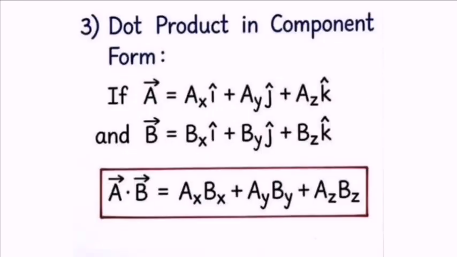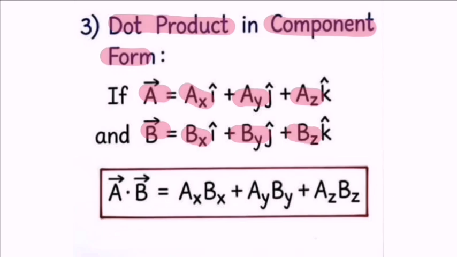Now, dot product in terms of components. Let's suppose we have two vectors, A whose components are AX, AY, and AZ, and another vector B whose components are BX, BY, and BZ.